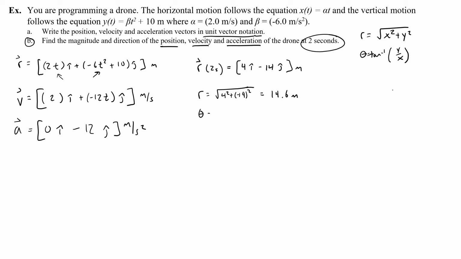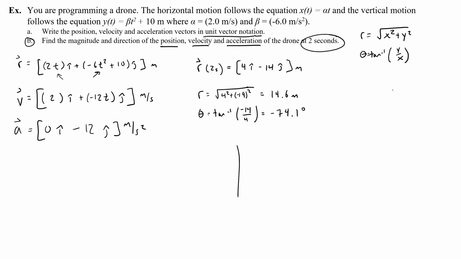And the angle is tangent inverse of y, which is negative 14, over the x, which is 4, and tangent inverse of negative 14 over 4 is going to give me negative 74.05, we'll say negative 74.1 degrees.